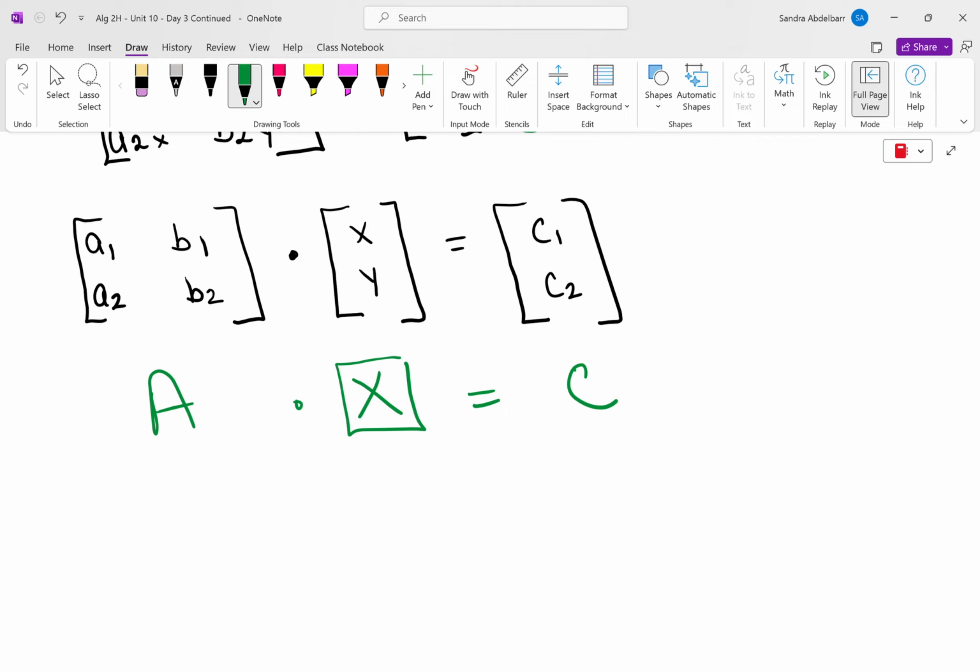And if we want to solve for our variable matrix, we need to get rid of our coefficient matrix. So what we're going to do is multiply by the inverse matrix on both sides. I'd multiply here by the inverse, and I'd multiply on the other side of the equal sign by the inverse, but it needs to go before the solution matrix.